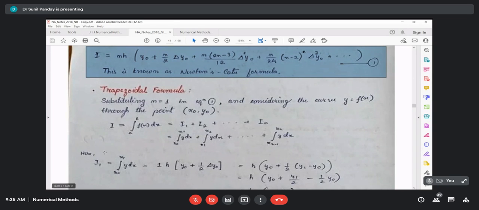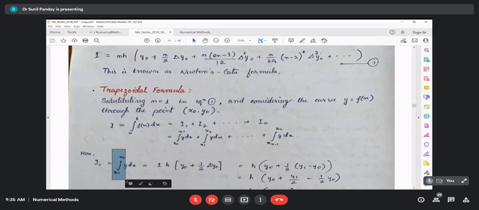Here x0 and x1 are 2 points. One theorem I already told you: if I have n plus 1 data points, then I can fit a polynomial of degree n. And if I can fit a polynomial of degree n, then the n plus 1th order forward differences are 0.